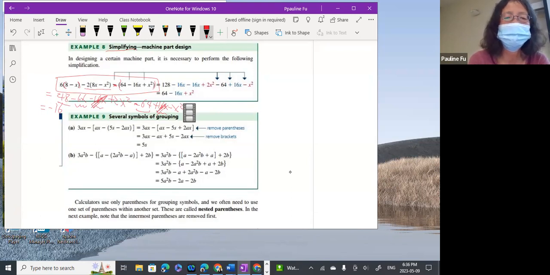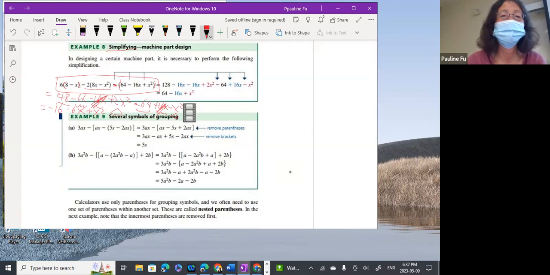So you just have negative 6x, right? And the last item, you look at the x squared. 2x squared, negative x squared, you have positive x squared. So the final answer, negative 16, negative 6x plus x squared.